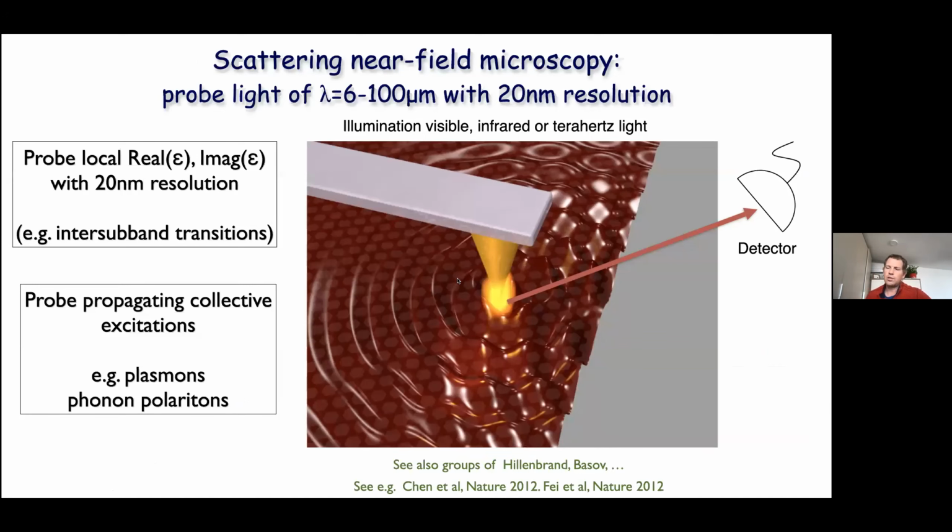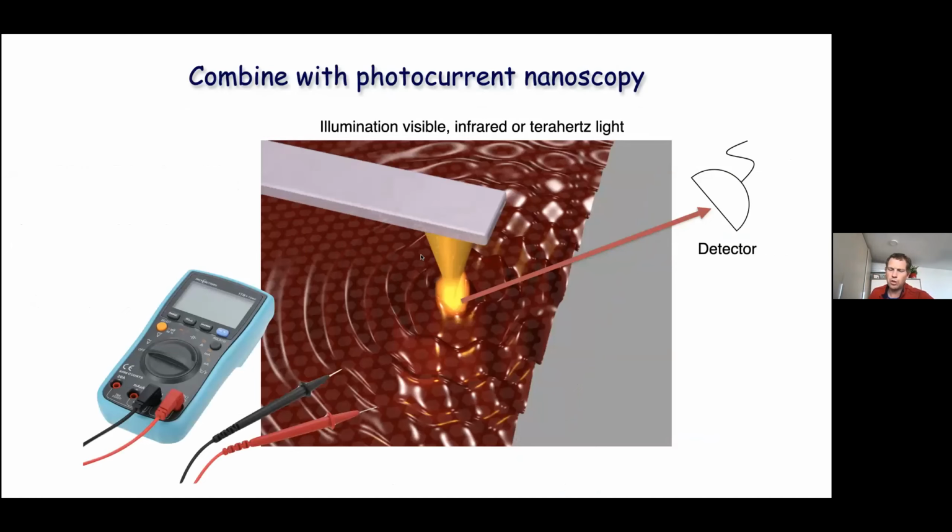The workhorse for this experiment is a technique that all of you probably know, near field imaging, which is measuring scattered light that comes from an AFM tip that is illuminated by infrared or terahertz light. But we combine this also with what we call photocurrent nanoscopy, where we also measure at the same time the voltage across a device while we illuminate it with this near field tip.